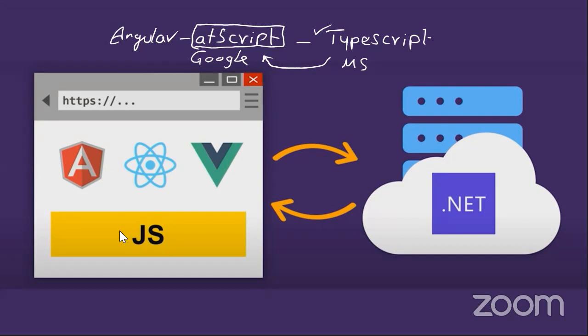Anders Hejlsberg. He developed C# and he developed the language TypeScript. TypeScript and C#, these are the two languages developed by Anders Hejlsberg.